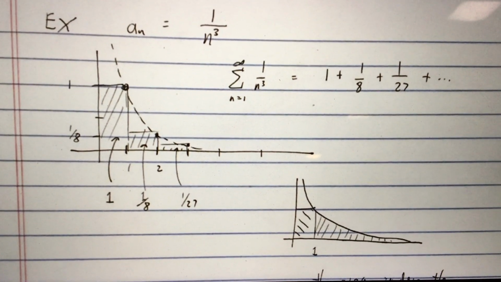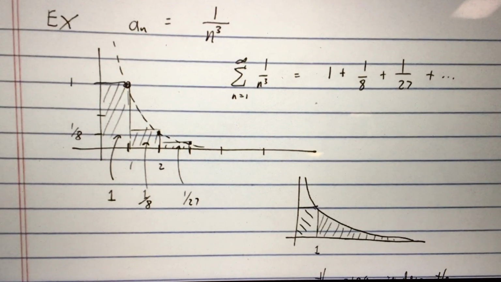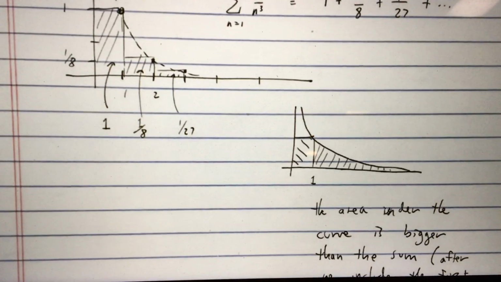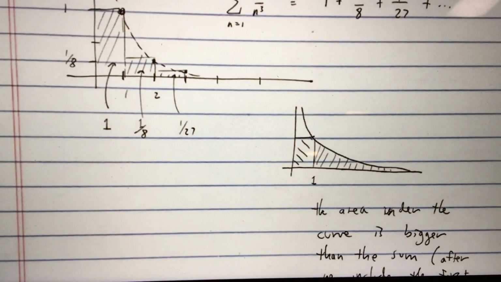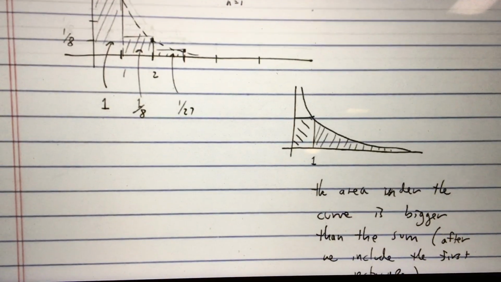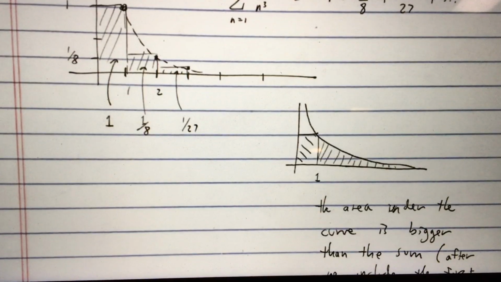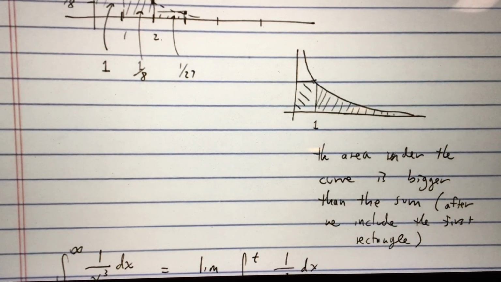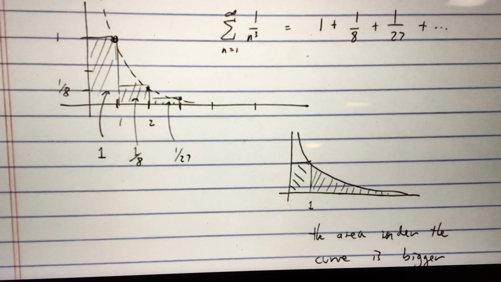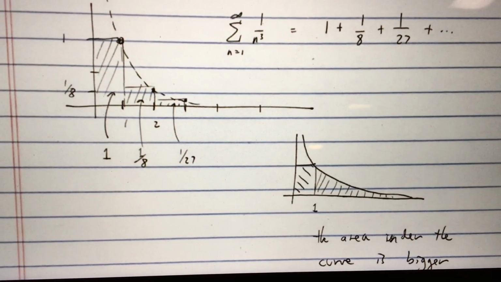Now, I don't really care about that first rectangle. So I ignore it for a moment and I look at the curve from 1 to infinity. That's what the theorem said to use. And the area under the curve from 1 to infinity is bigger than the sum of all the rectangles after we throw out that first rectangle, or the sum when we would include the first rectangle later.